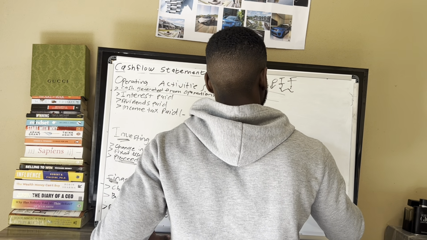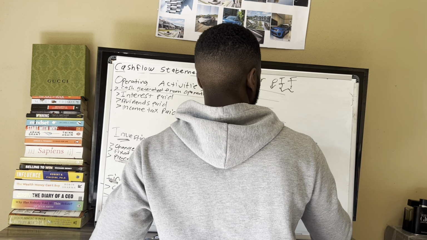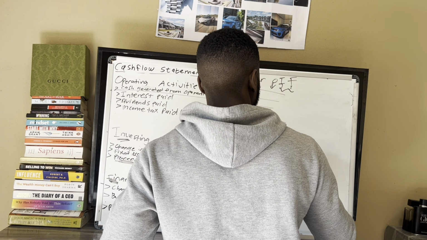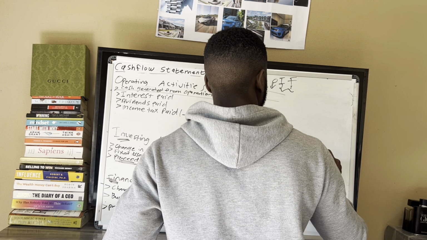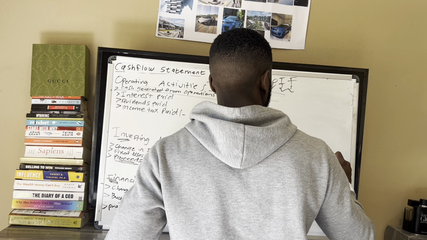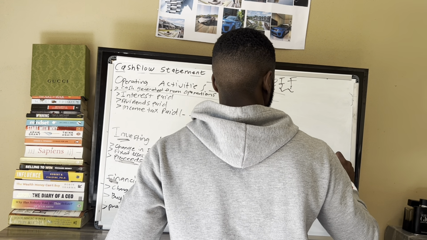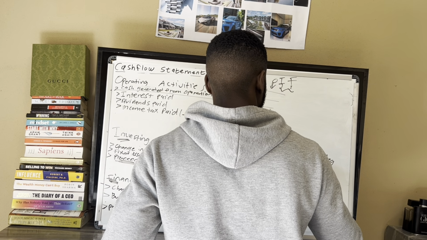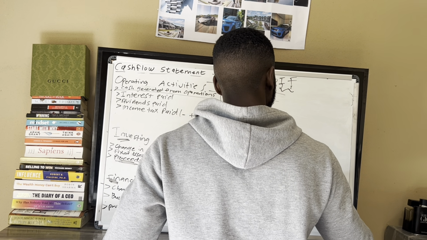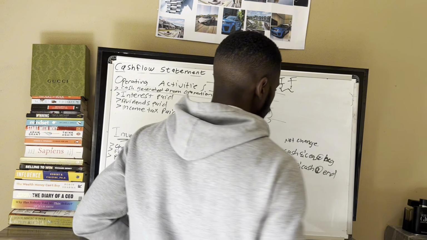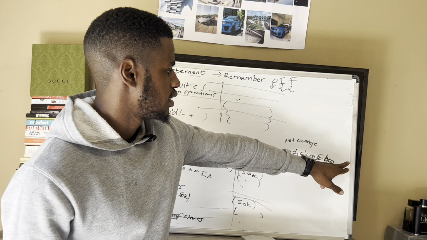So firstly, the net change, as we were doing when we were doing note number 2, cash and cash equivalent at beginning and cash at end. You will do what we were doing in our note number 2.